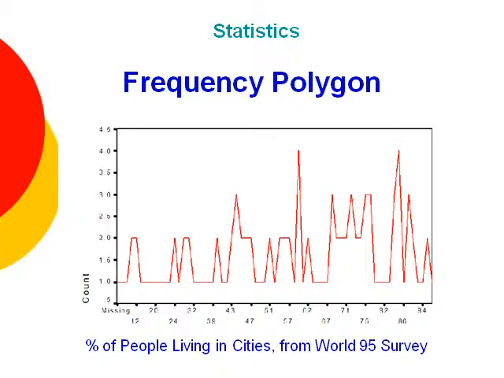A frequency polygon is a line graph that connects midpoints of class intervals for each interval of a histogram. So this type of graph may tell us how many individuals scored between 12 and 20, and how many scored from 24 to 32, and so on.